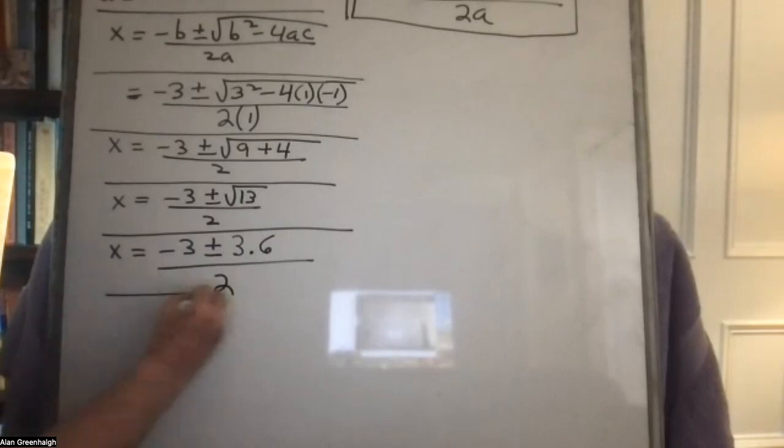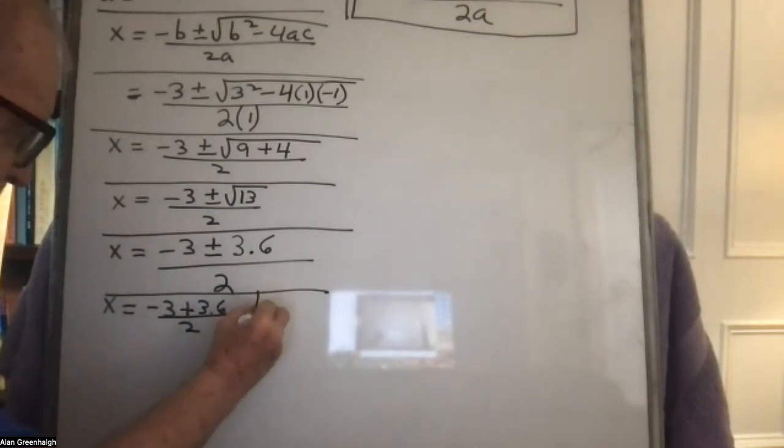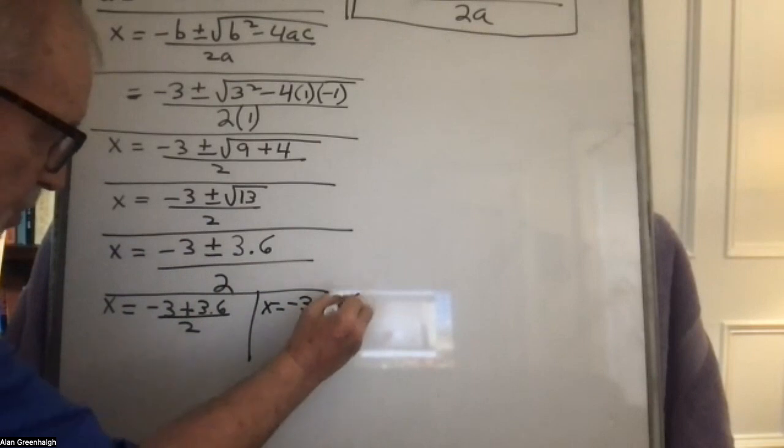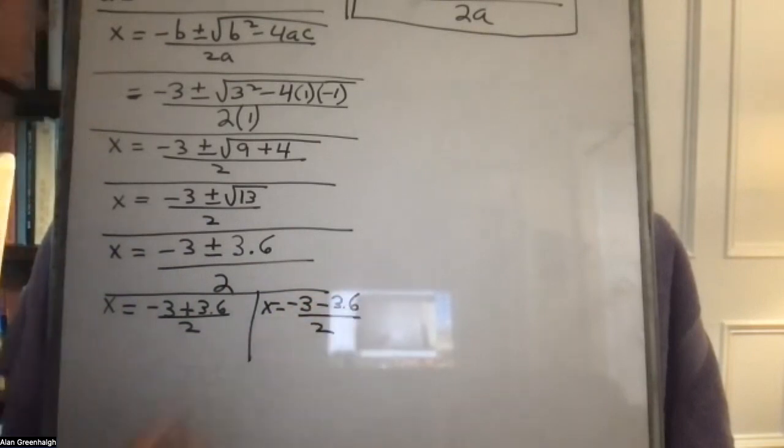So therefore, x will equal -3 plus 3.6 over 2, and x will equal -3 minus 3.6 over 2.